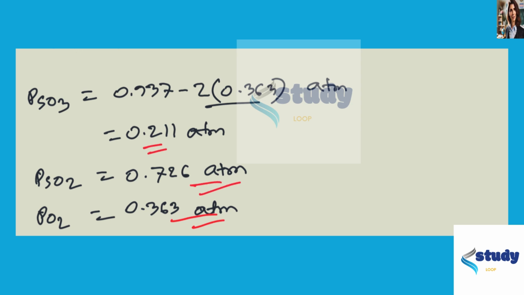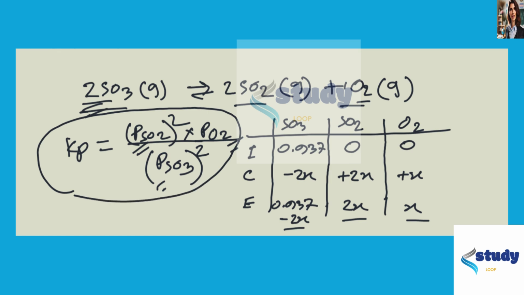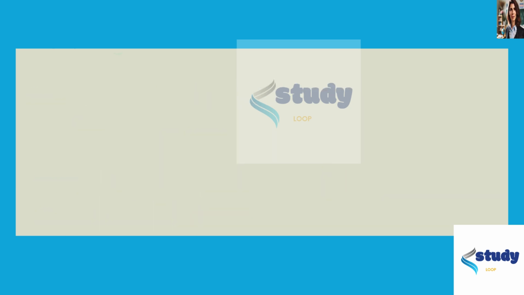So these are our partial pressures of each of the components at the equilibrium. Now we just have to plug in these values in this expression here. We know the value of each of these, so we can find out the equilibrium constant in terms of pressure. For this, it will be PSO2 squared.